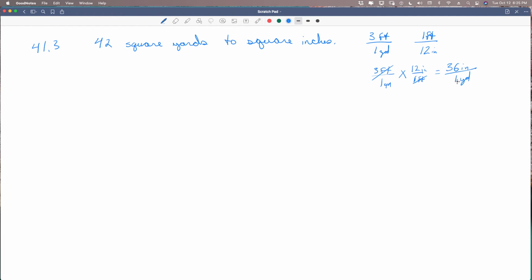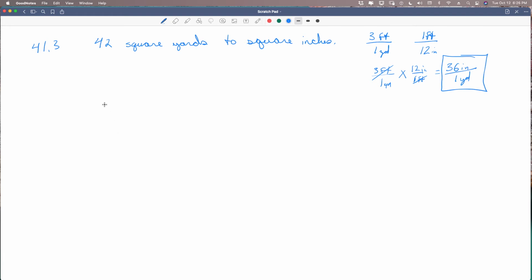So 36 inches is in 1 yard. If you want to use this unit of measure reference instead of the other two, you're welcome to do that. But these would give you the same thing.